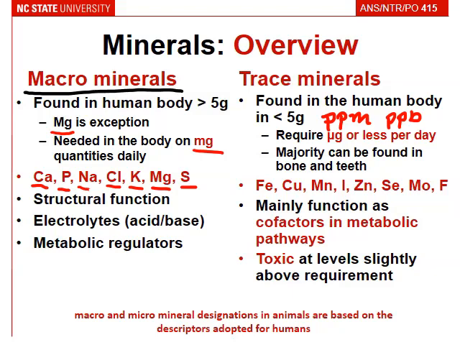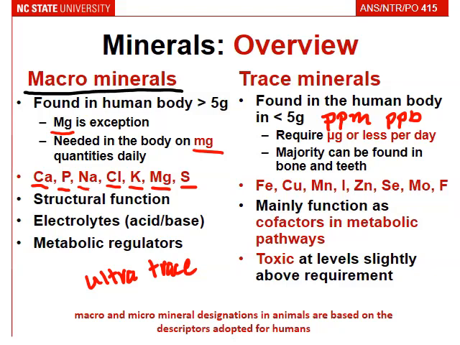There are some that are referred to as ultra trace, which include things like chromium, nickel, arsenic, and silicon, and those show, especially in animals, that there is some added benefit, but without having them in the diet, you don't see an overt deficiency symptom like you do with these other more prominent trace minerals.